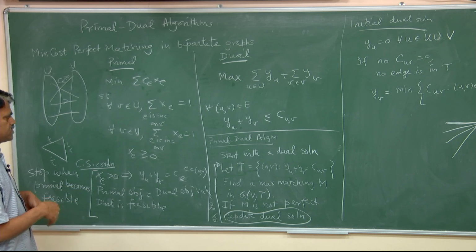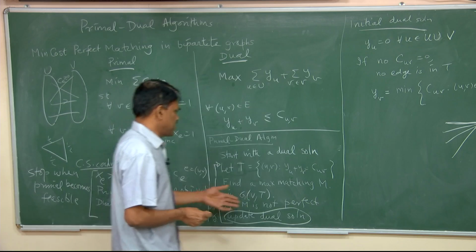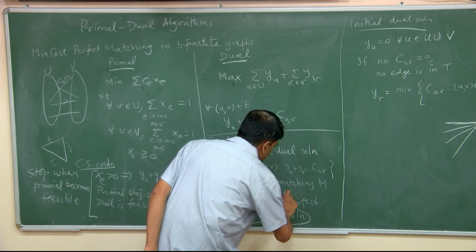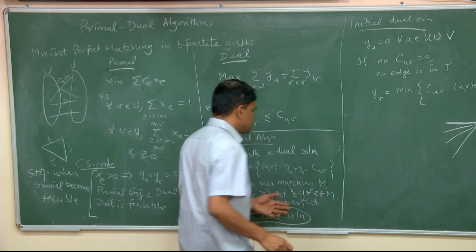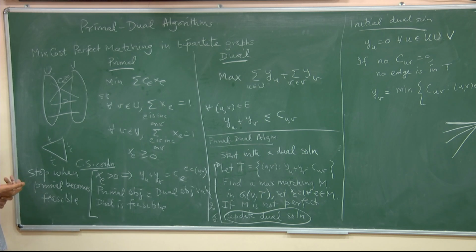And in that, so when I say find the maximum matching M in G_T and set x_e equal to 1 for all e in M, for all edges of the matching, I am going to bring it into my primal. Now this condition is still maintained because I am only bringing it into the matching only on the tight edges.